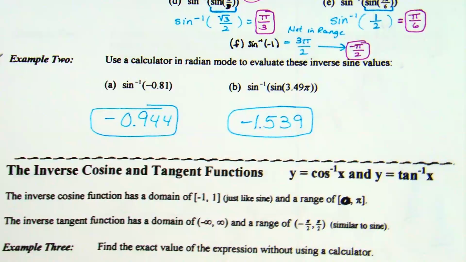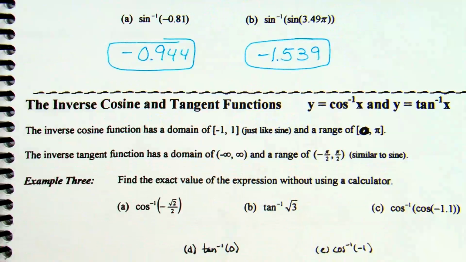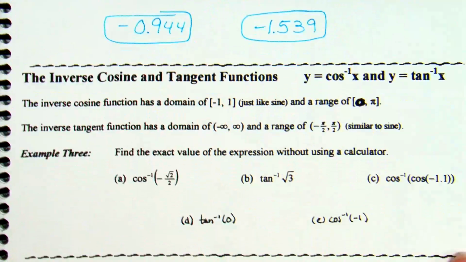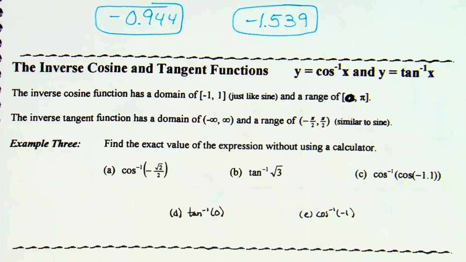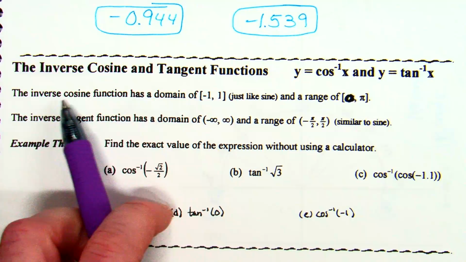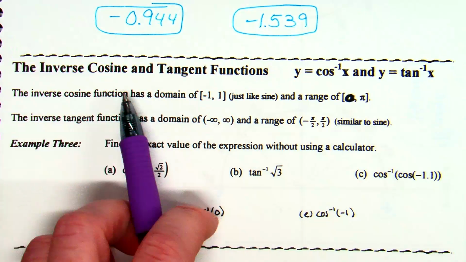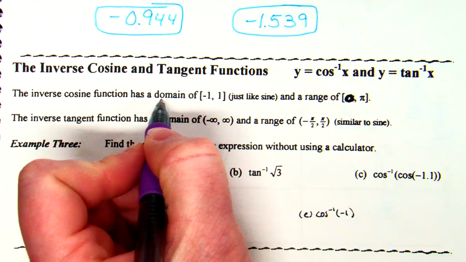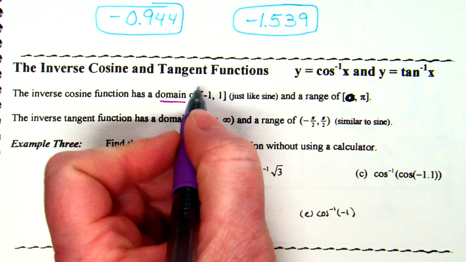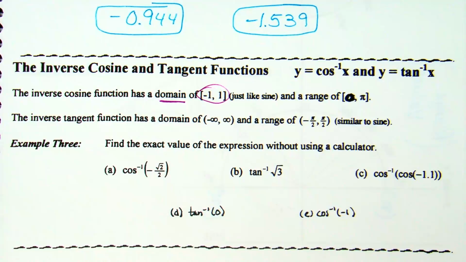Now, I mentioned that because cosine and tangent are going to have the same issues, in that they will have arc cosine x or arc tangent x. Now, a couple of things. If you noticed on the back side, one of the half circles is different there. The inverse cosine function still has the same domain of -1 to 1, just like sine.